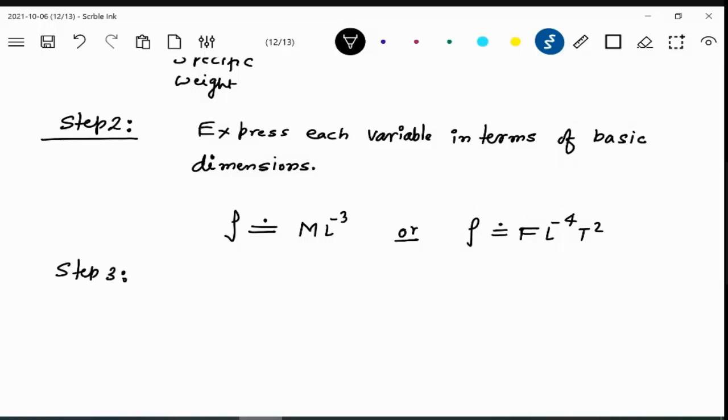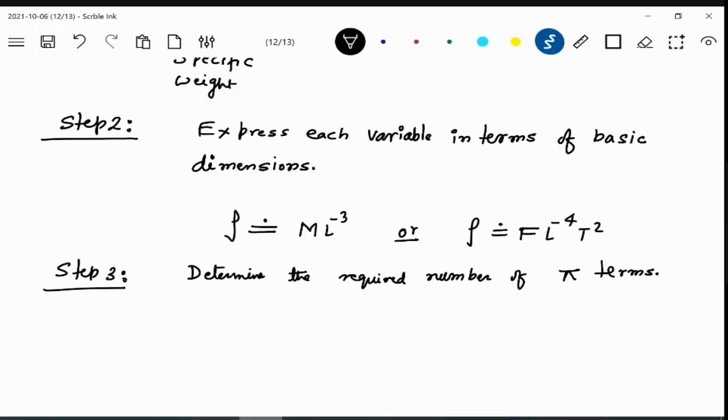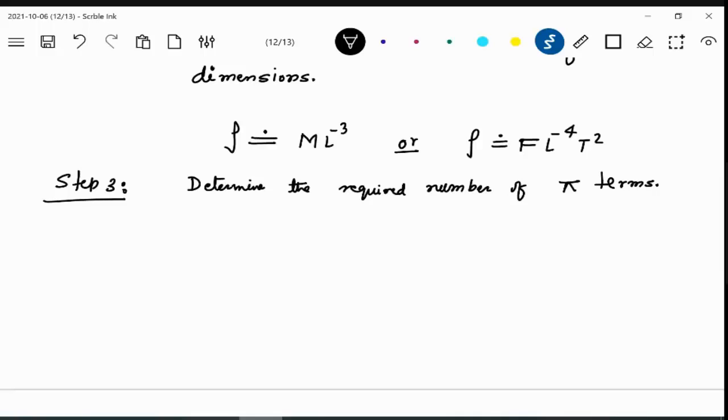In the third step, determine the required number of pi terms. And how many pi terms?